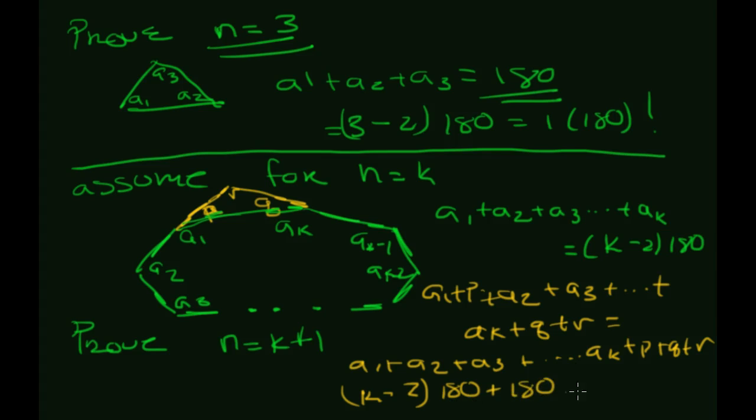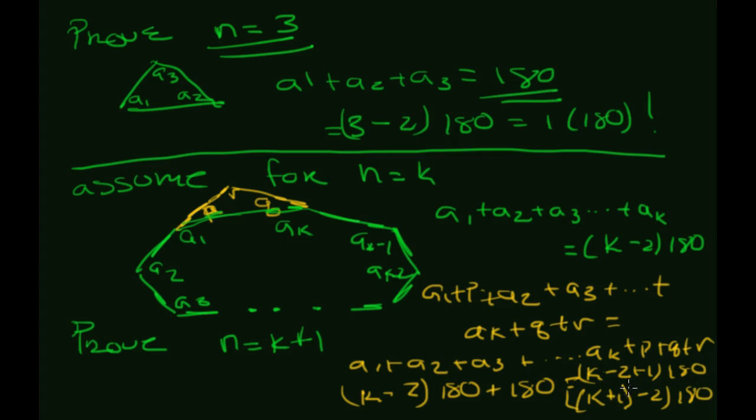So let's see, what do I get there? If I pull out the 180, I get K minus 2 plus 1 times 180. When I factor out the 180, switch the negative 2 and the 1, this is going to give me K minus 1, or K plus 1, minus 2 times 180.